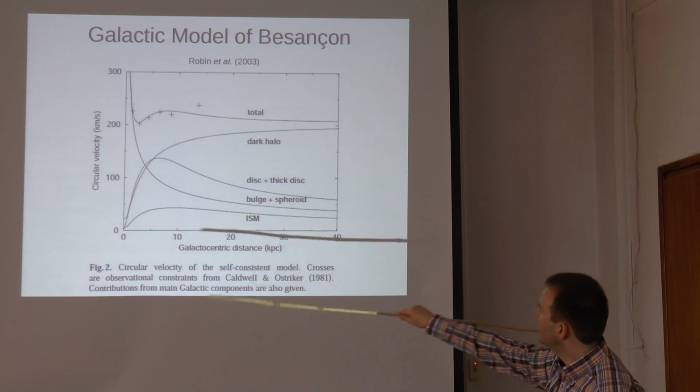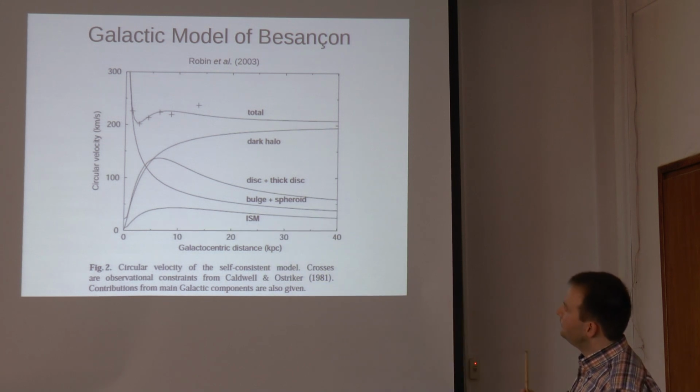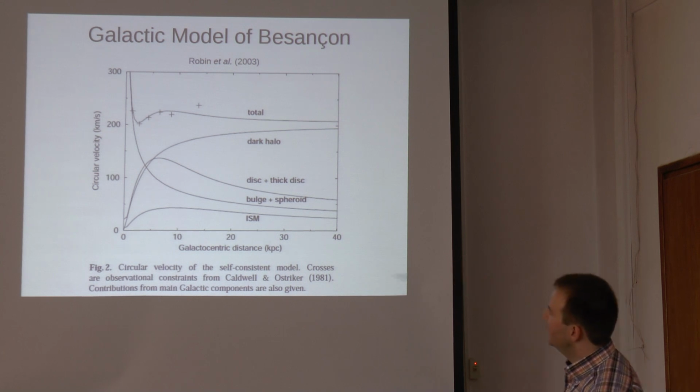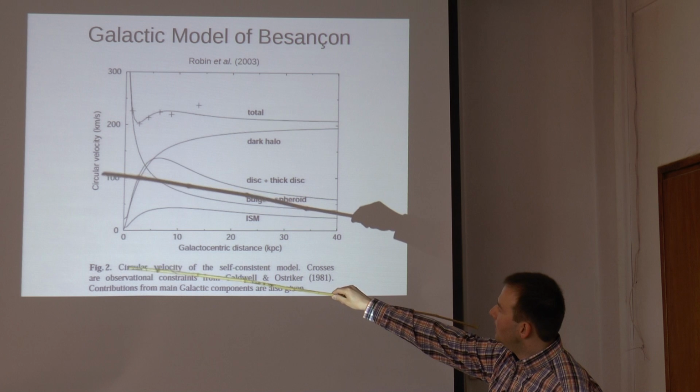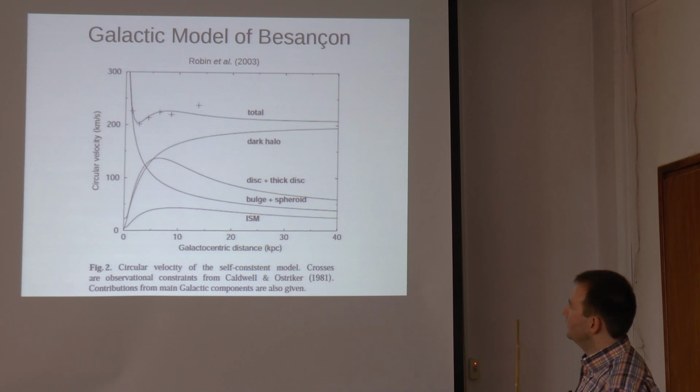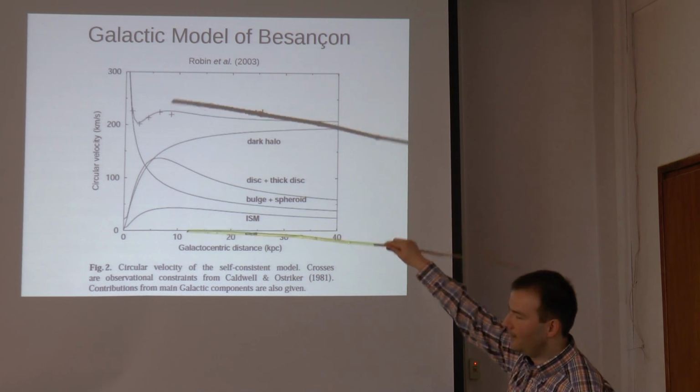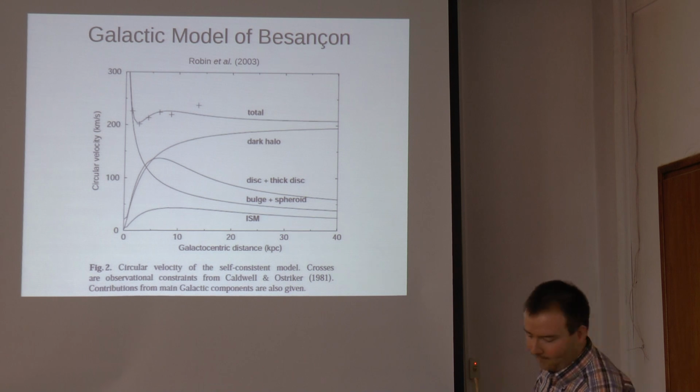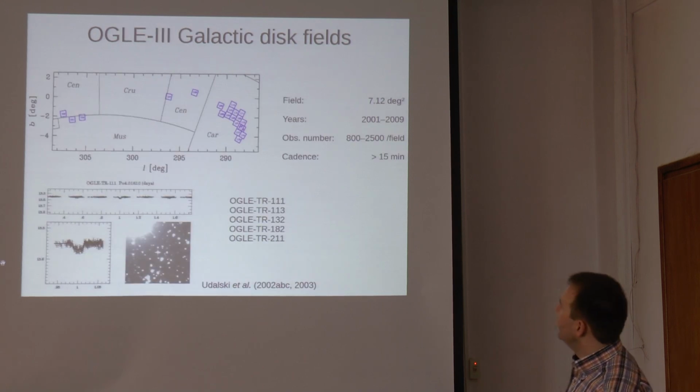And so you can see these components here. What are the ingredients for the velocity? And the total, as you can see, is flat.